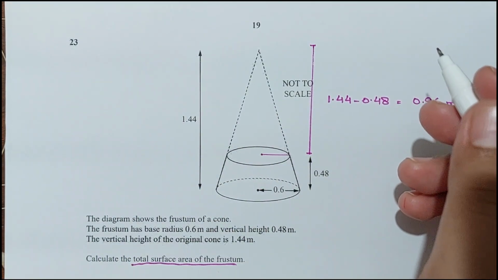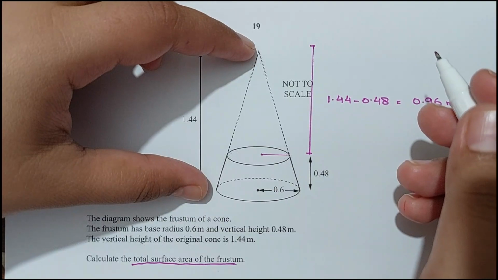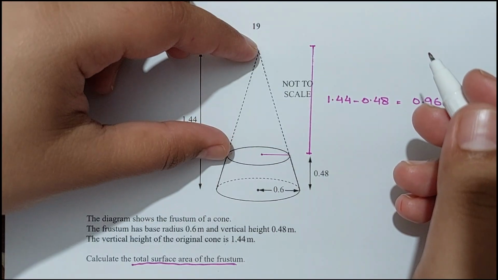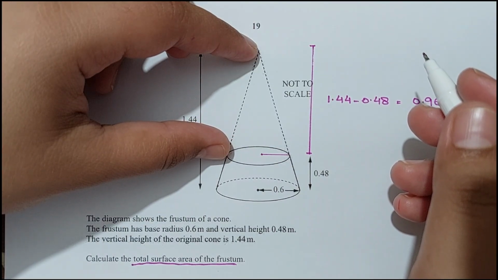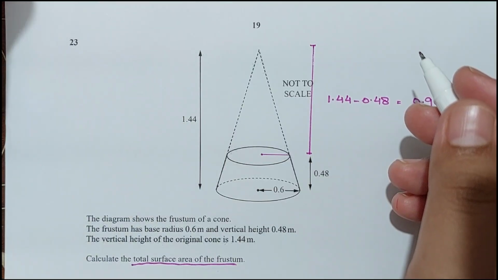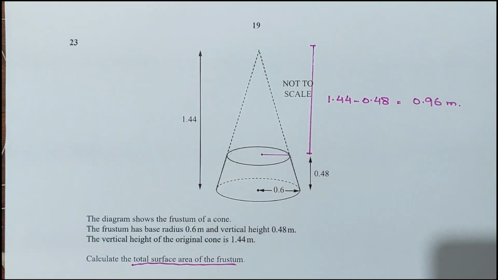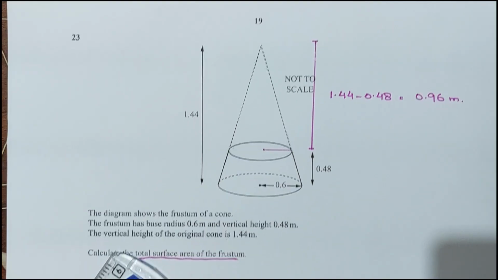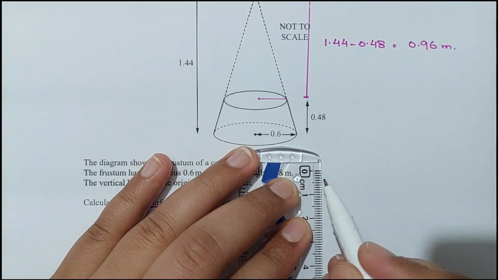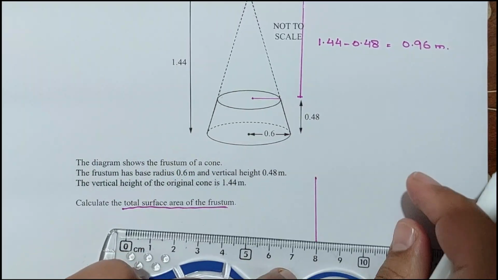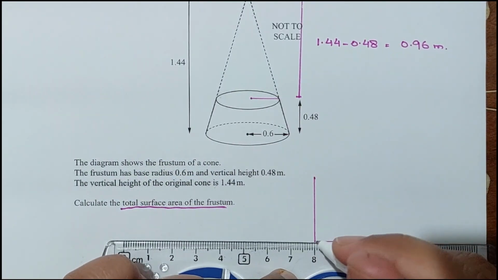Okay, as you can see, the larger cone and the smaller cone are mathematically similar. When one shape is inside the other, it is obvious that they are mathematically similar, right? So the ratios of their corresponding sides are equal. So let me draw the larger and the smaller one.